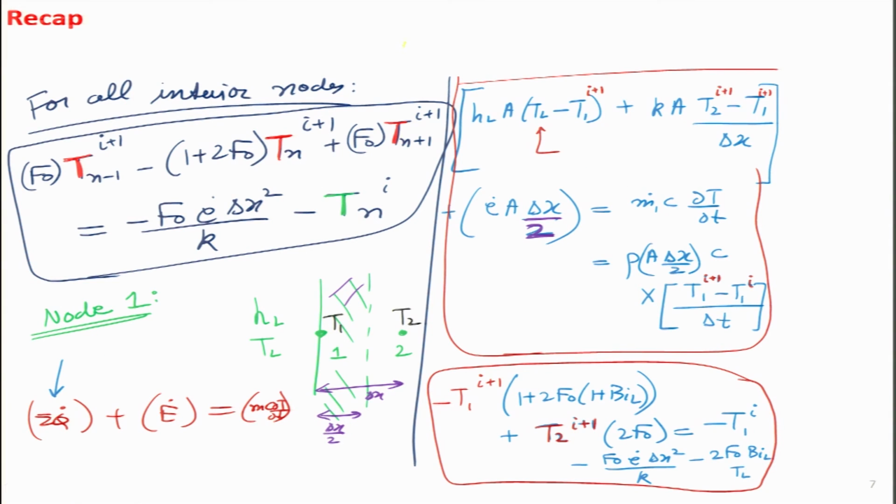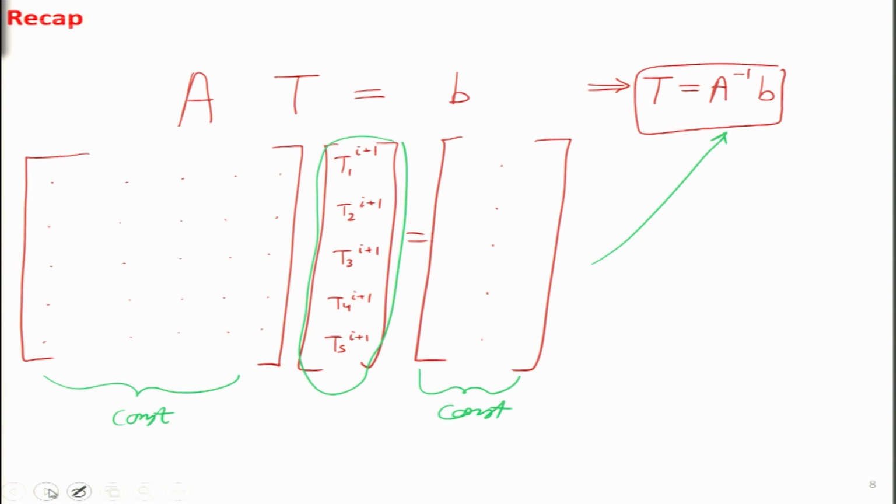So the first thing we did was we figured out the general equation for any interior node, which is given by this particular yellow box over here. Then we went on to figure out the equation for both the exterior nodes N1 and N2. Based on these 5 equations, and we have 5 variables T1 to T5, I think we had completed this exercise by looking at the concept of solving this particular matrix where A and B are constants.